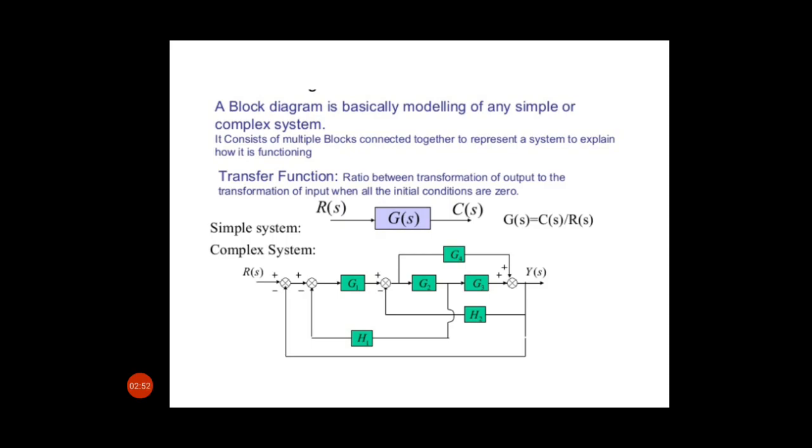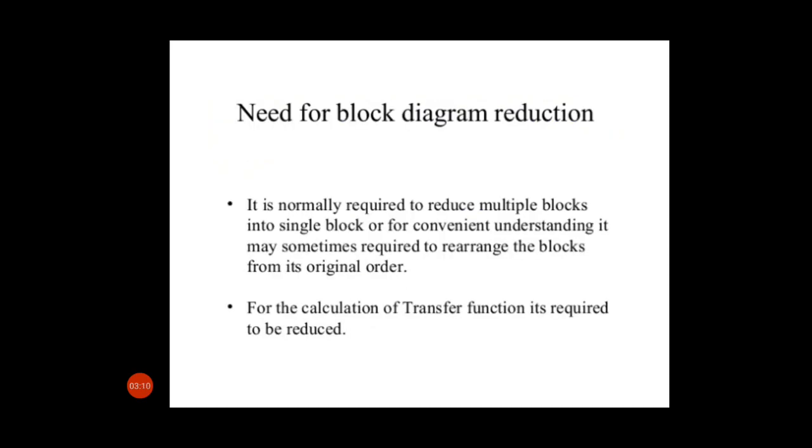So it is very difficult for us to find the transfer function of this system. So to find the transfer function of this complex system, we use block diagram reduction technique.